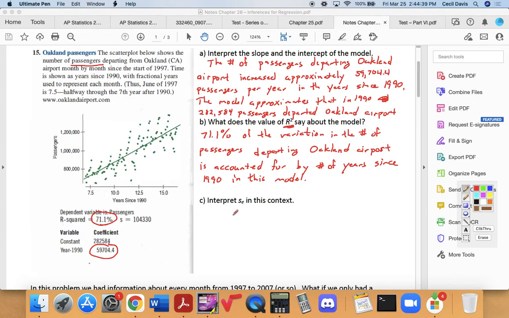Okay. So here they talk about S sub B, and you're like, there's no S sub B there. Well, the computer doesn't always write it. Stupid computer.